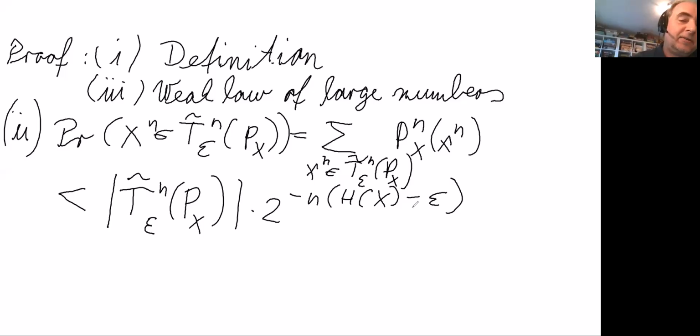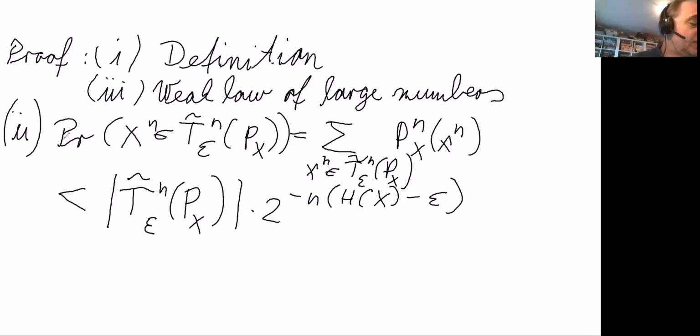Now, if you look at this equation here, this probability is smaller than this cardinality times this 2 to the minus n, and so on. But we can estimate this by 3. And we know that this is smaller than 1 minus sigma square over n times epsilon square.